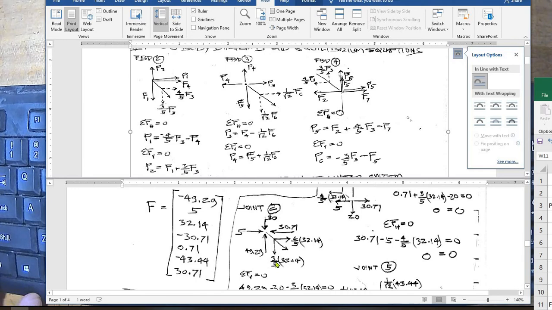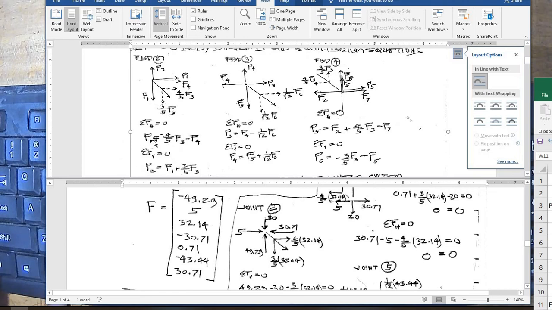Next, you have downwards 3/5 of F3. From there, you can check by repeating your summation of forces.